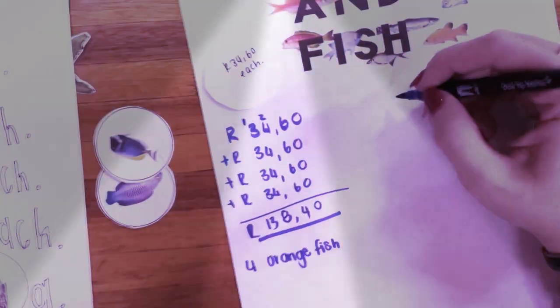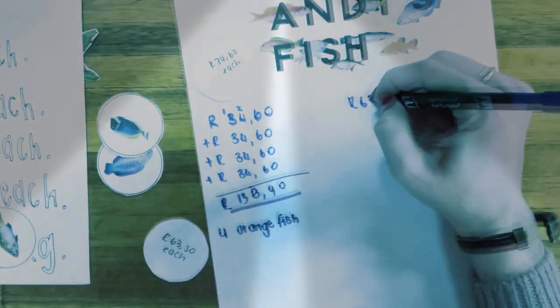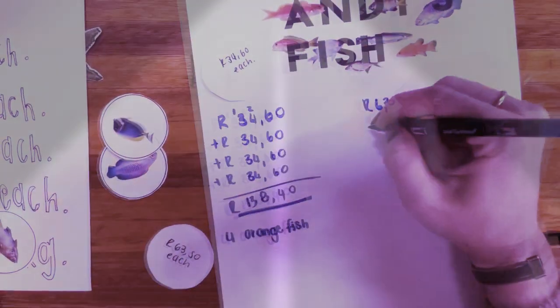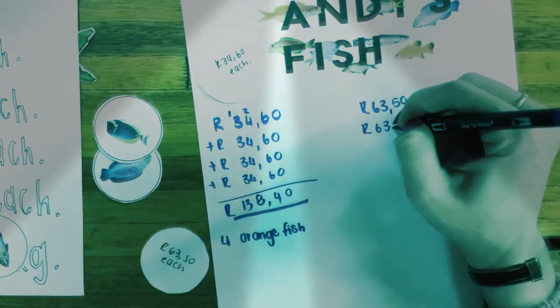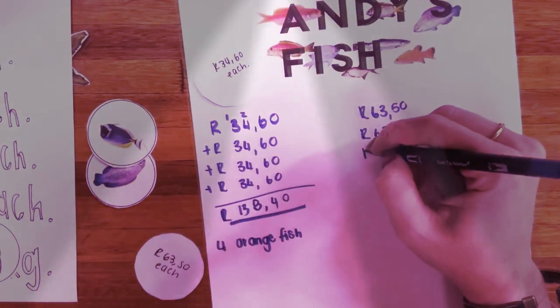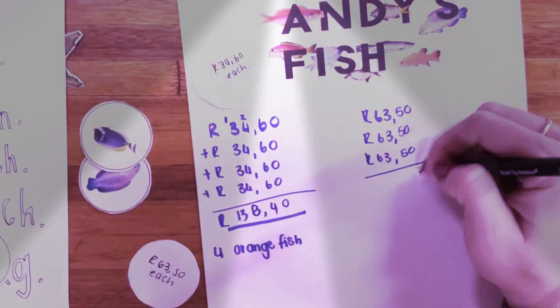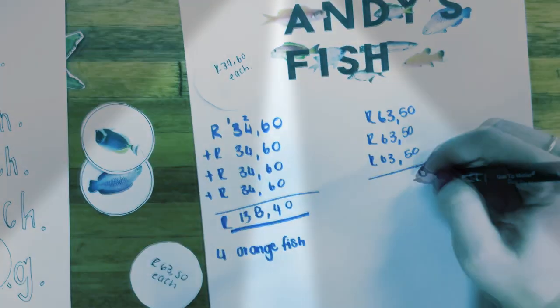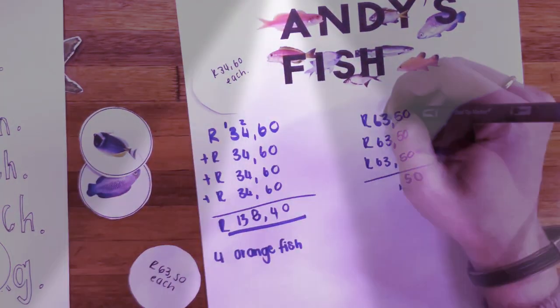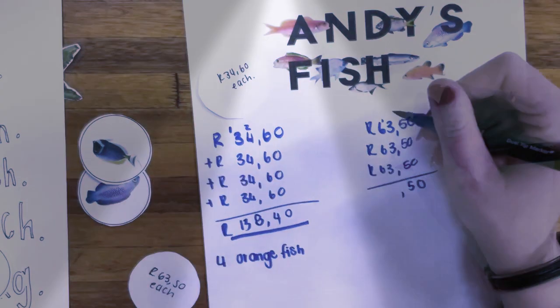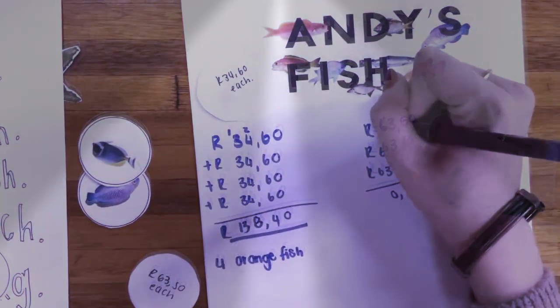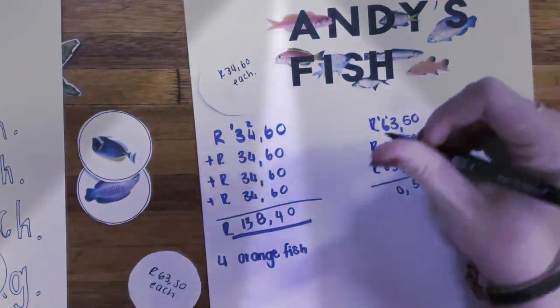So it is 63. Okay. So zeros are zeros. 15. 9 is 10. 19.